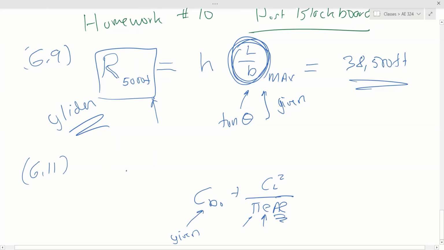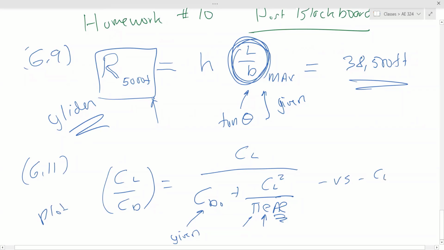And the hint is to plot CL over CD versus CL. So CD is now the denominator, CL is the numerator. Plot this versus CL. You can see it's a function of CL and CL, so this is an easy plot.